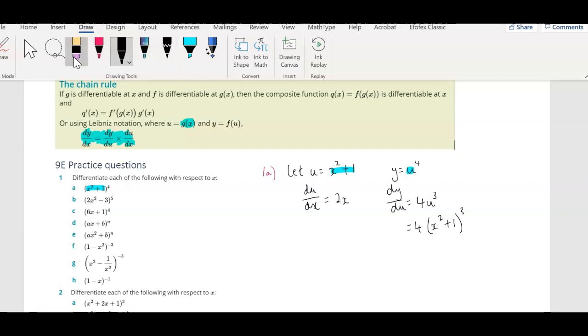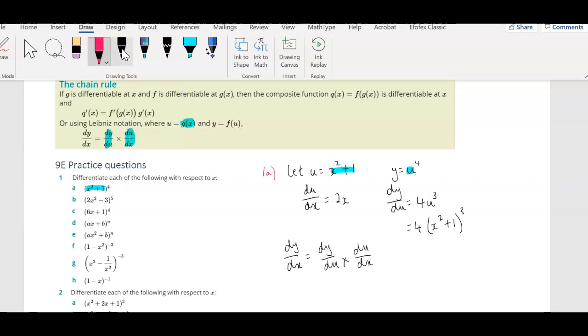Now, what I have found, and let me just unhighlight this. Okay, we have found dy du. Okay, that's what I just found. And du dx. So to get dy dx, I just let them multiply each other. So it's the product of dy du times du dx. And when you think about it, if we were to multiply them, these du's actually cancel out and we're left with dy dx, okay?